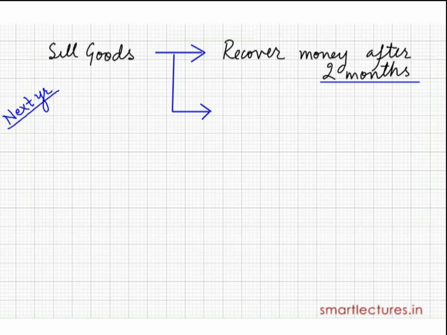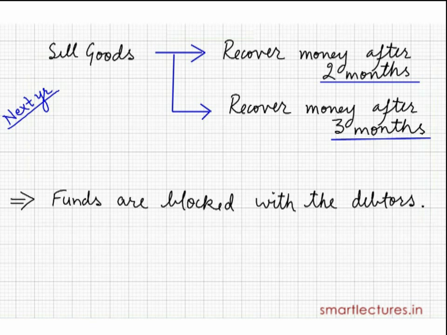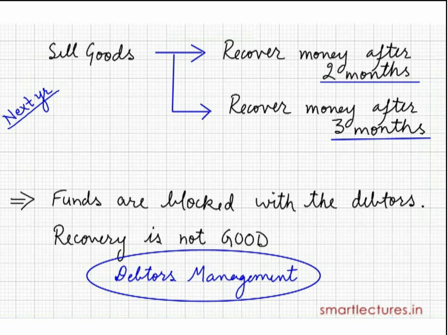And next year you find that you are getting the money from your debtors after every 3 months. What does it mean? Your funds are blocked with the debtors. Your recovery is not so good. So it tells about the debtors management, or you can say how efficiently debtors are being managed in the company.